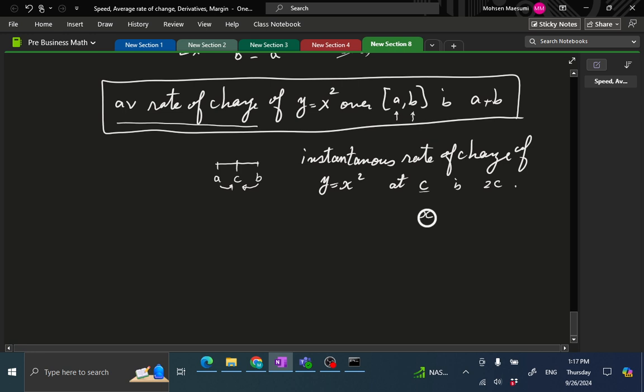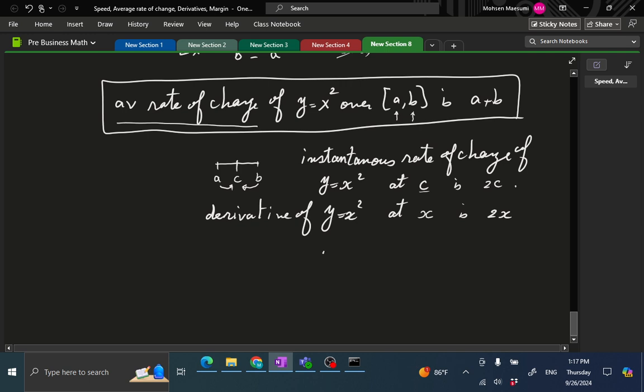I say if I have x and A is a little bit before it and B is a little bit after that, then A plus B will be close to 2x. So we can say the derivative of y equal to x squared at x is 2x.